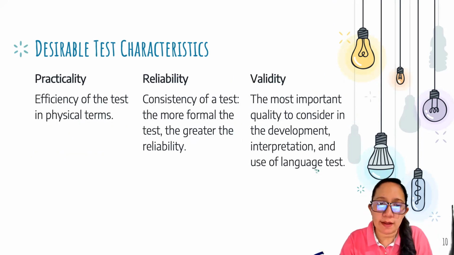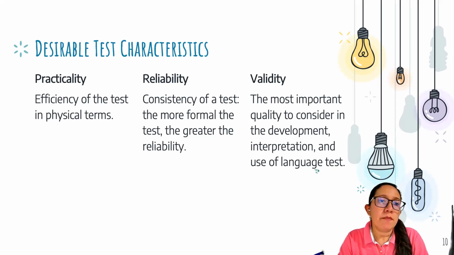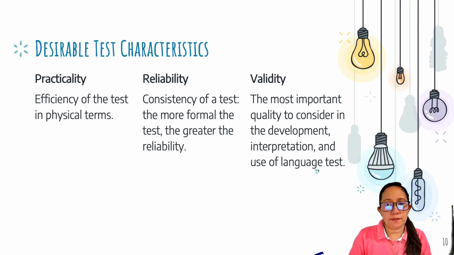Some other desirable test characteristics might be practicality, that is the efficiency of the test in physical terms, and reliability, that is the consistency of a test. The more formal the test, the greater the reliability. Validity, one of the most important qualities to consider in the development, interpretation, and use of language tests.